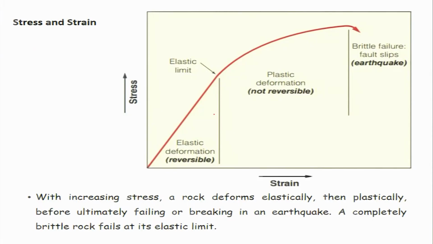If we take a simple stress strain diagram, what we see is that the earth's material is elastic in nature, and to some extent, if you keep on deforming it, you increase the stress and the strain. After the elastic limit of that material, it will start deforming into the plastic state.